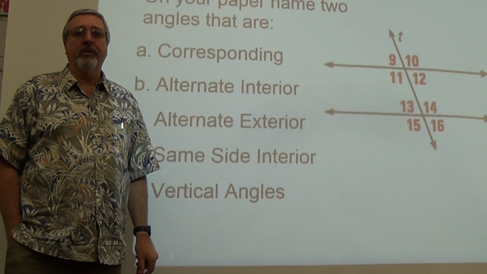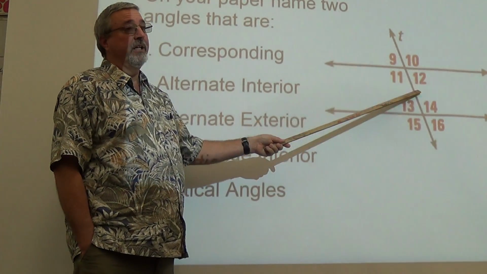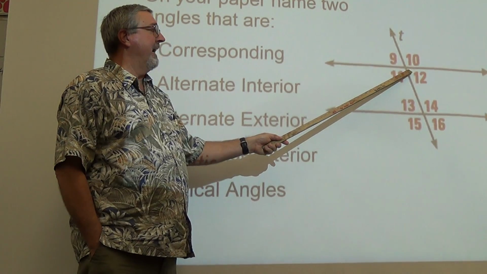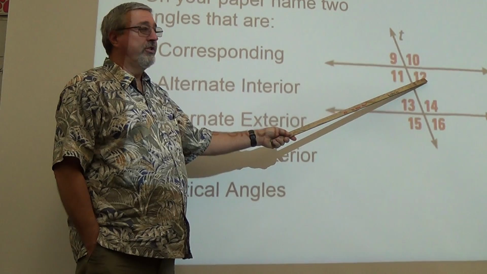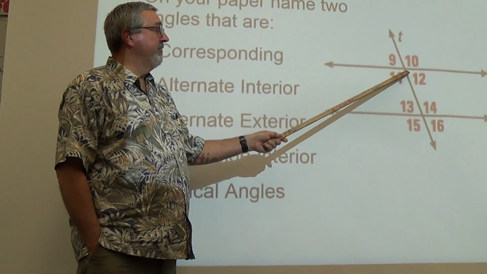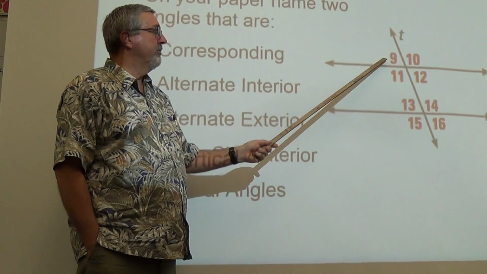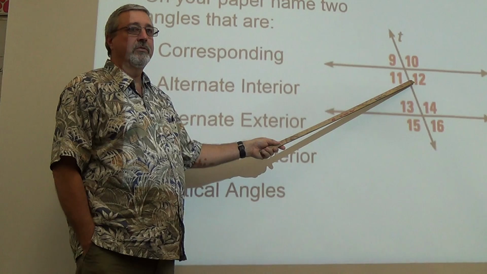And we call them vertical angles because, well, first of all, they're shaped like a V. But these two angles share the same vertex, but have no common sides. If you look at this, these two sides here for this angle are different than these two sides here in this angle.